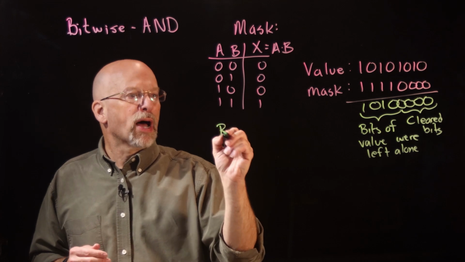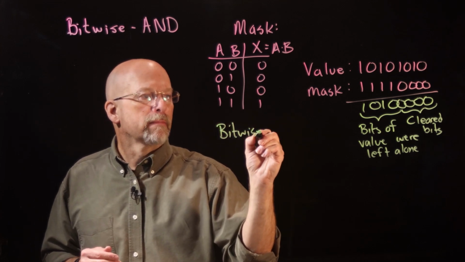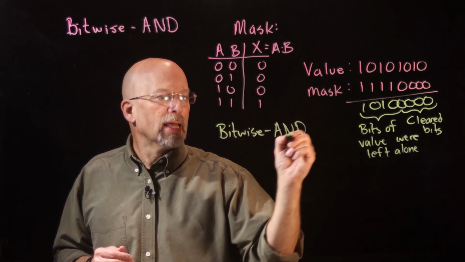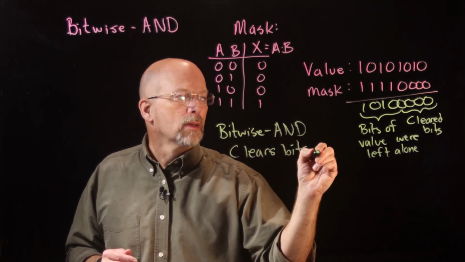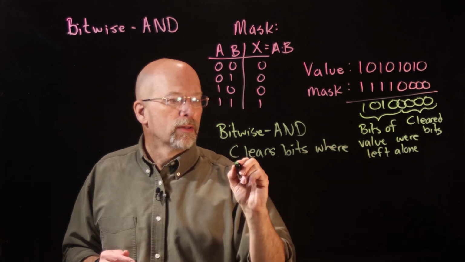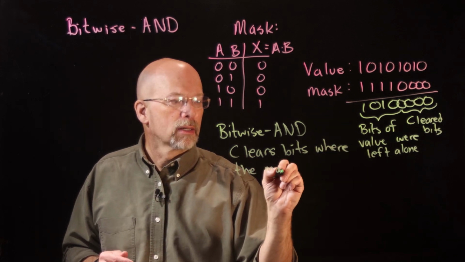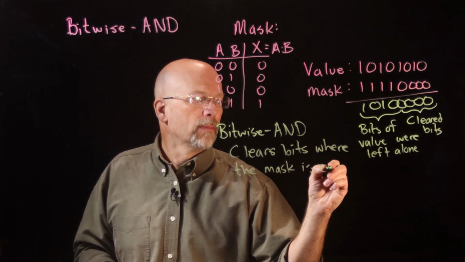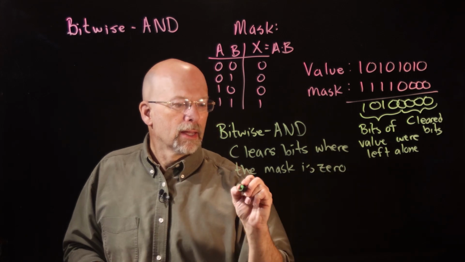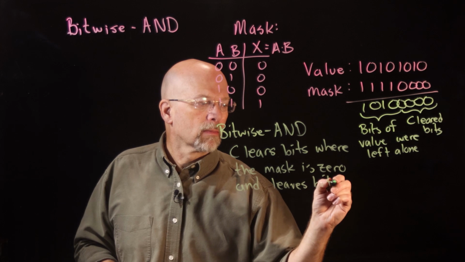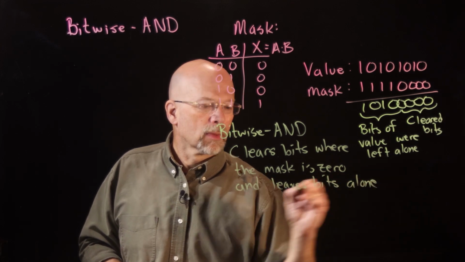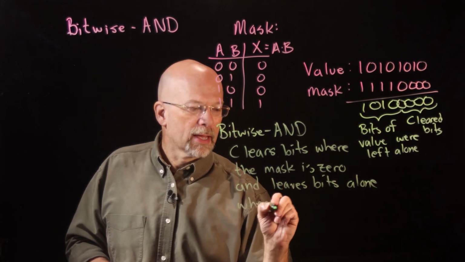So, the bitwise AND clears bits where the mask is 0 and leaves bits alone where the mask is 1.